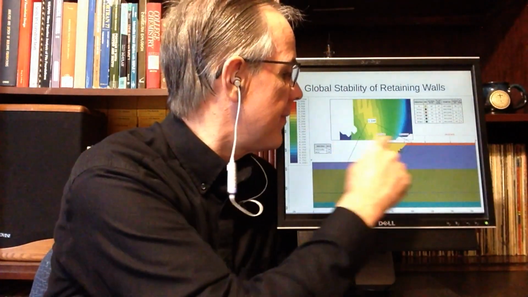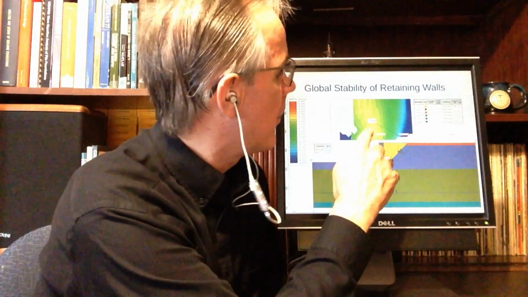You will note up here is this nice funky looking chart. What that is, is that this software, just like the software you had in soil mechanics, analyzes all of the slope circles and determines the slope circle with the lowest factor of safety.